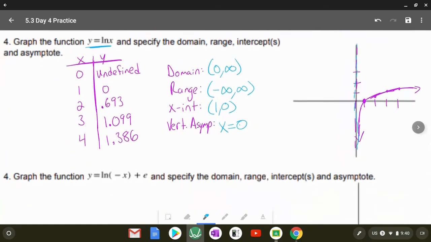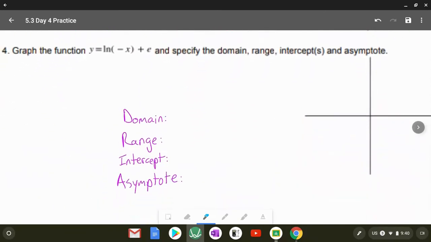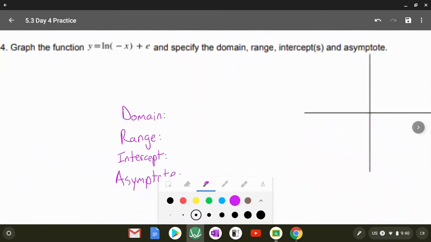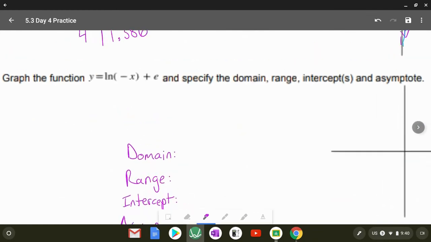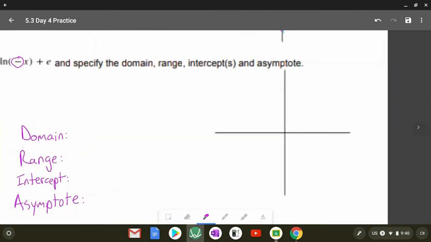For number 4, oh man, we got 2 number 4s. So next one, we'll call it 4b. We're going to graph y equals natural log of negative x plus e. So using that base function, we can graph a general sketch of what the base function looks like.